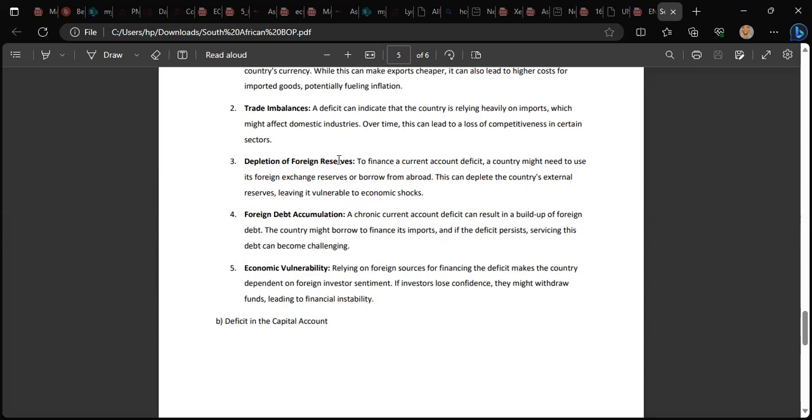So where are these foreign reserves held? They are held with the South African Reserve Bank, right? This can deplete a country's external reserves, leaving it vulnerable to economic shocks. Big economies like China and Russia always have huge stocks of foreign reserves. China, I think outside of the United States, has most of the US dollars.